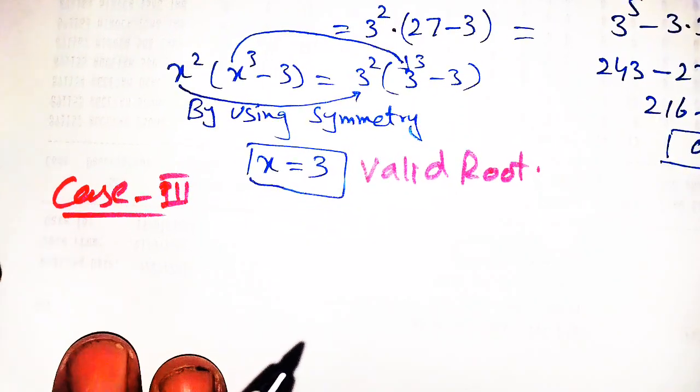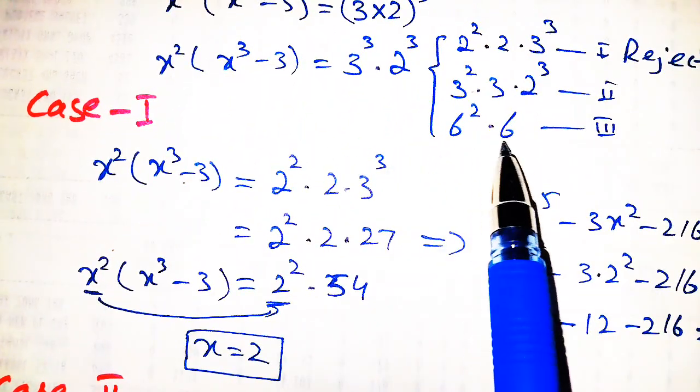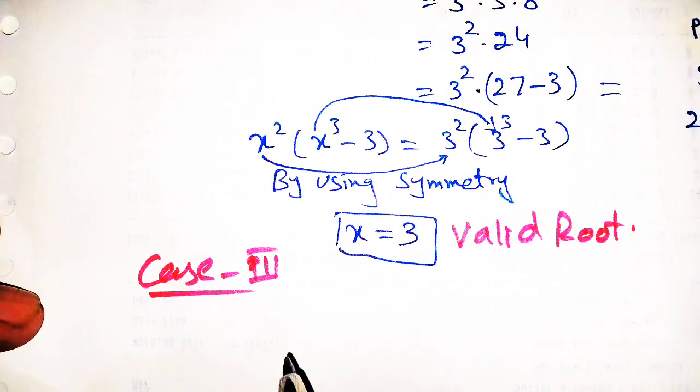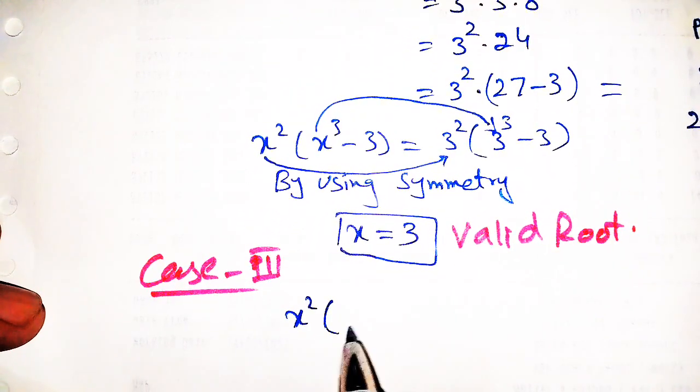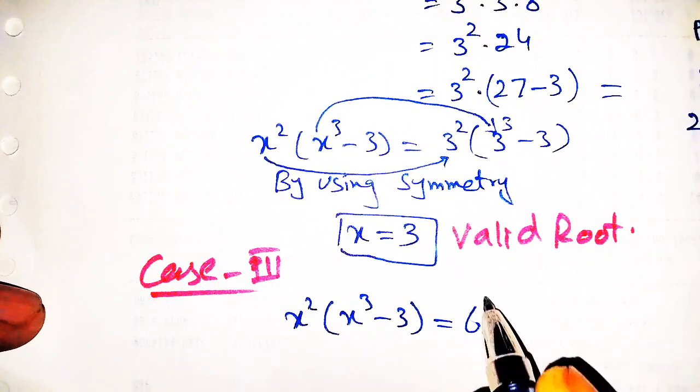we will use the third factor pair, which is 6 square times 6. Hence, this equation will become x square times x cube minus 3 is equal to 6 square times 6.